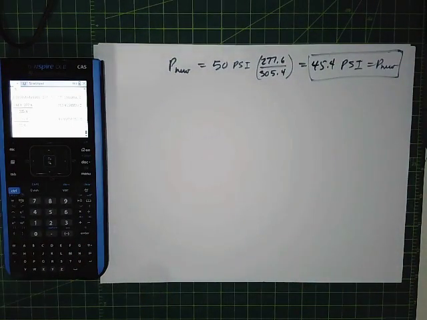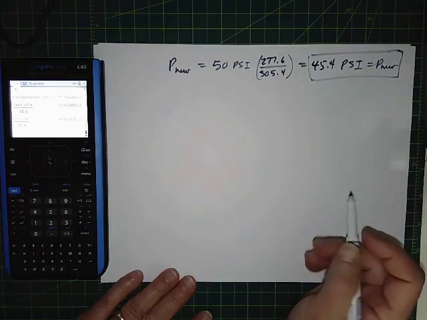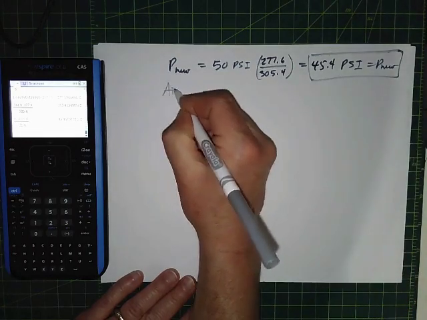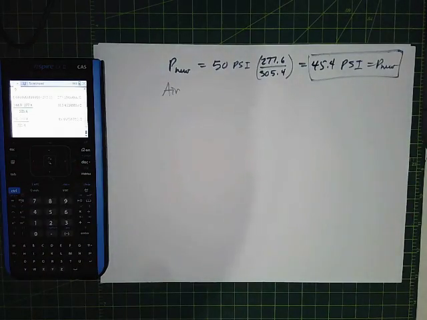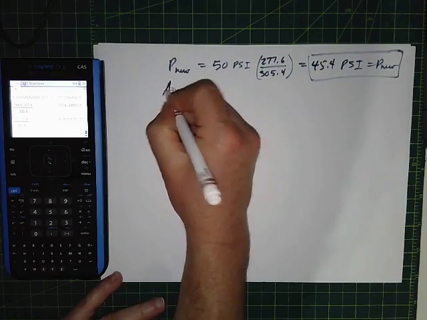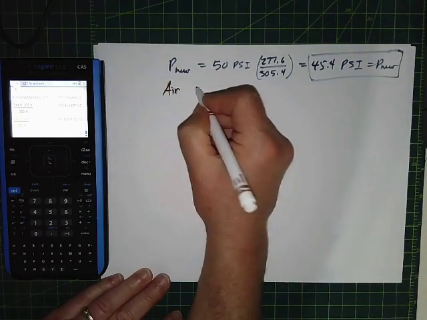Okay, so let's just look at calculating the density of air. All right, so we'll say air is made of, let me get a different marker here. Air is primarily made of nitrogen. Looked up, Googled it.